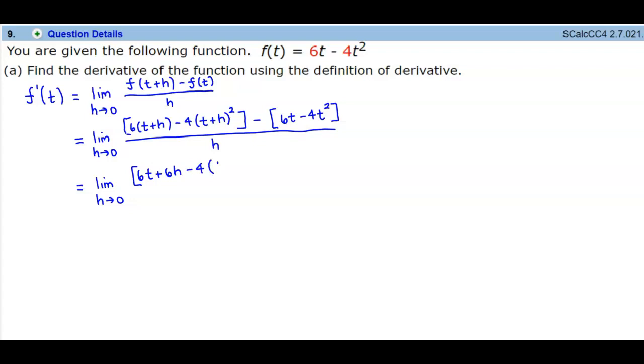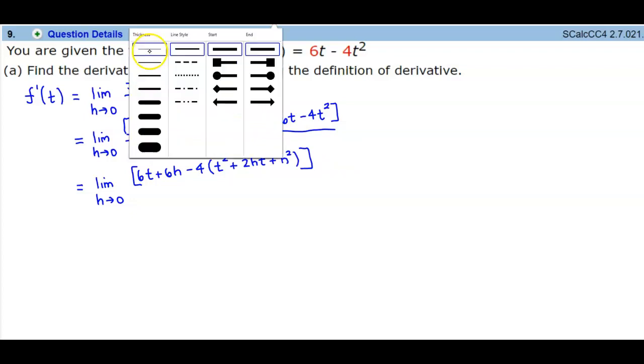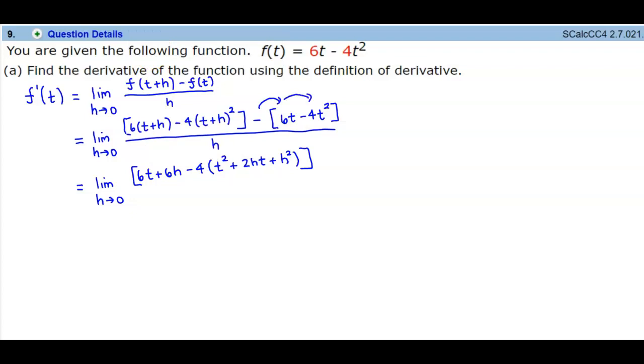So when we FOIL that, we should get t squared plus 2ht plus h squared, and then that's minus, distributing the minus sign. Okay, let's distribute that minus sign to both terms, so we get negative 6t plus 4t squared, and then we're going to divide that entire thing by h.